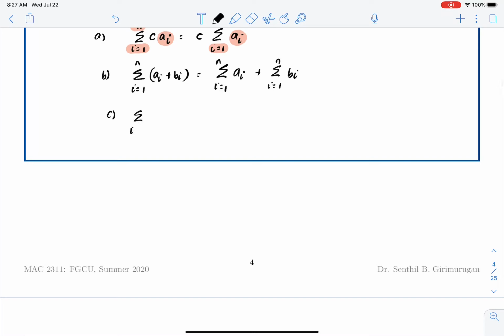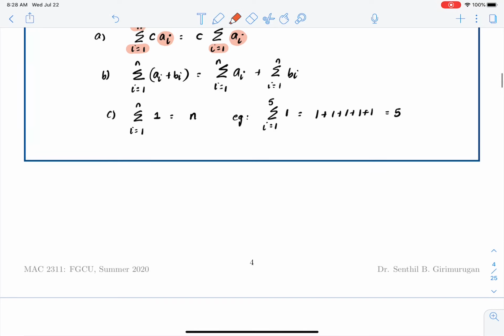Suppose we have i equals 1 to n and we simply add 1s. In this case, we would get the answer to be n. As an example, if we have sum i equals 1 to 5 of 1, this means I am summing 5 1s, which would give me 5.